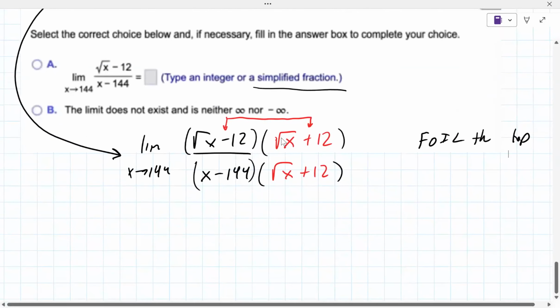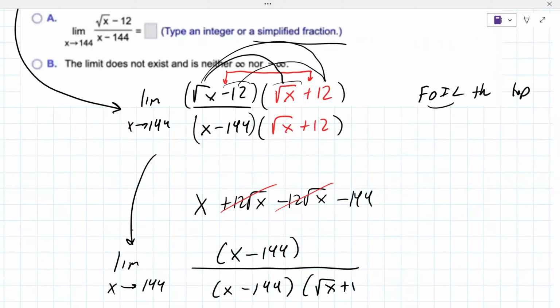These go away. They're opposite in sign. So the net result of all of this is it becomes x minus 144 on the top over x minus 144 on the bottom, times square root of x plus 12. You only FOIL the top, not the bottom. Okay.